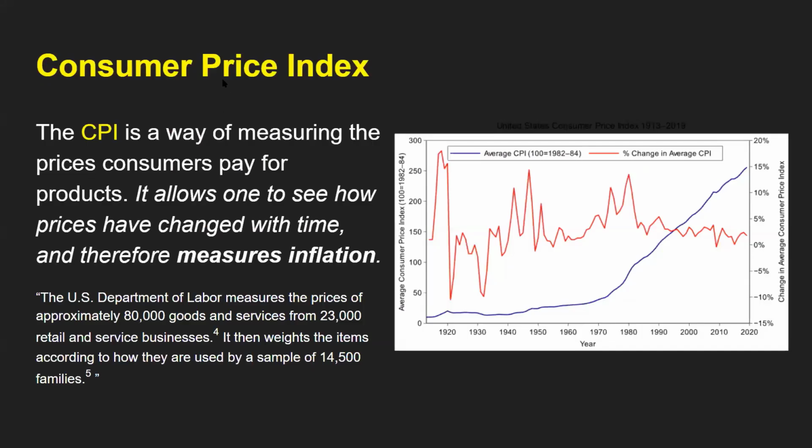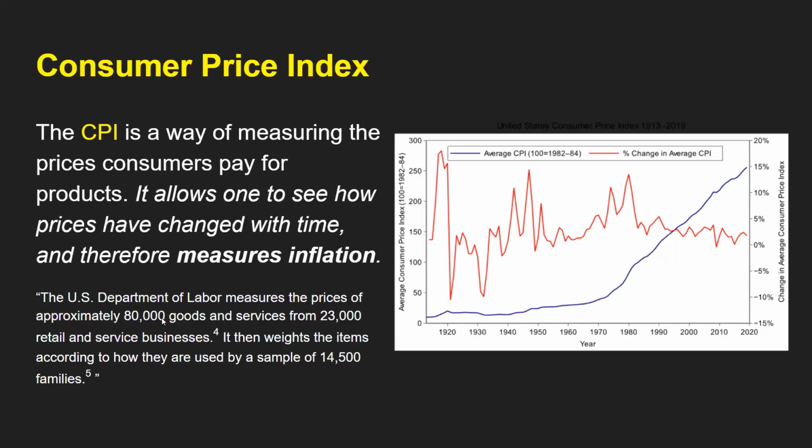What is the CPI? The Consumer Price Index, so you will see this in your homework, is a formal way of measuring prices that we pay for different products. So the U.S. Department of Labor sets this up, and what they do is they measure the prices of thousands of goods and services.